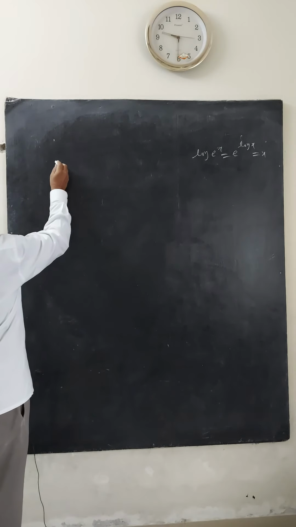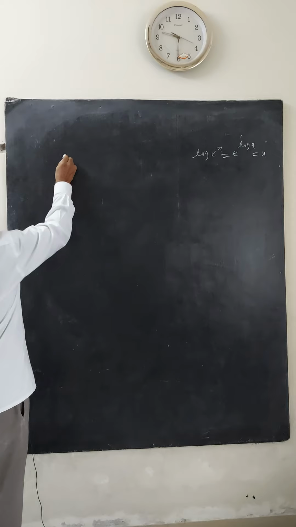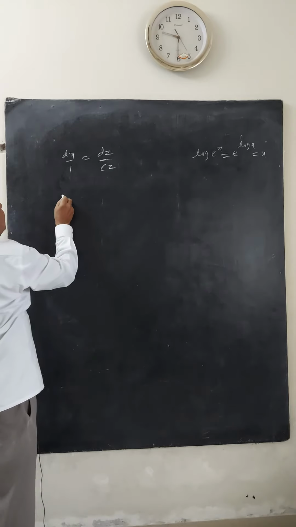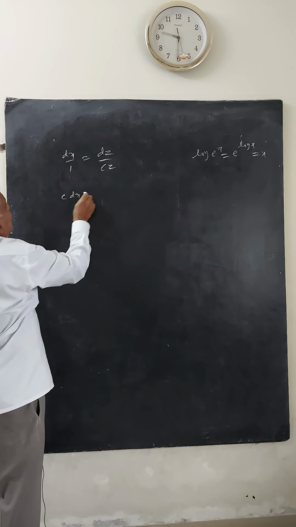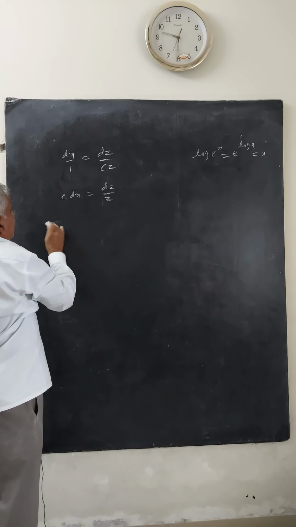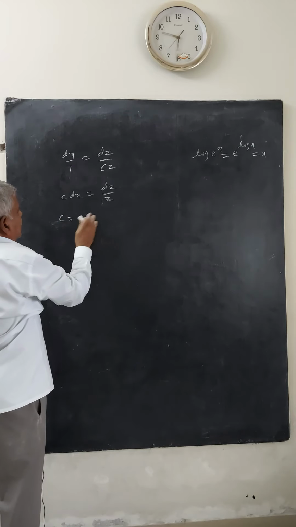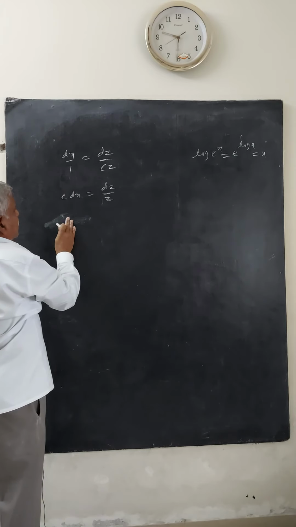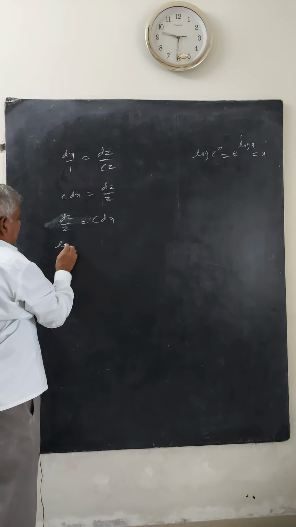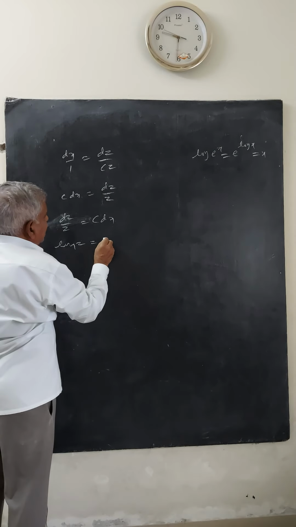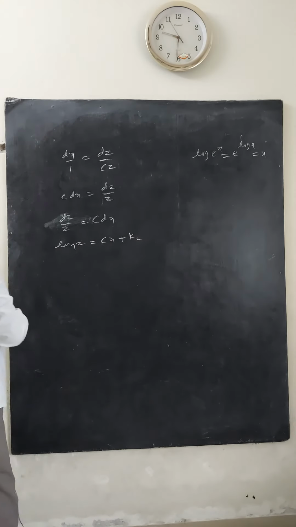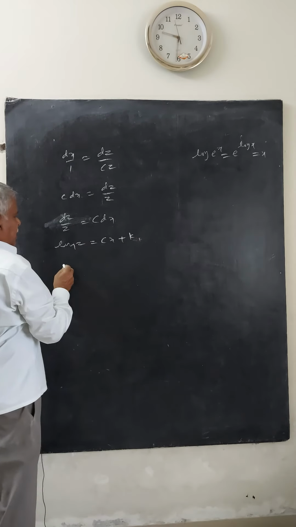Let us take again dx by 1, dz by cz. c dx equal to dz by z. Integrating, bring this side, dz by z equal to c dx. Integrating, log z equal to cx plus k1.